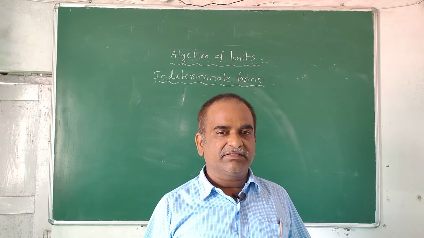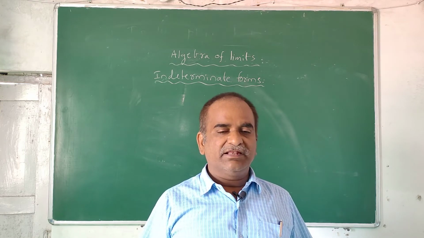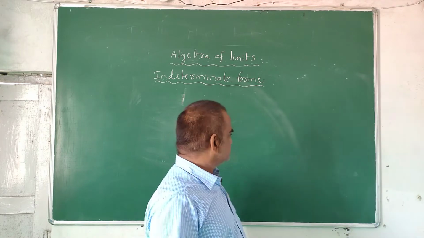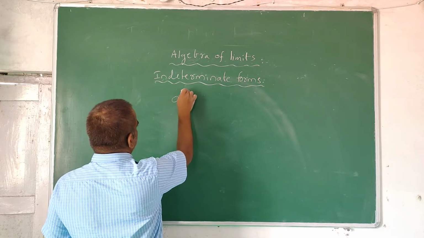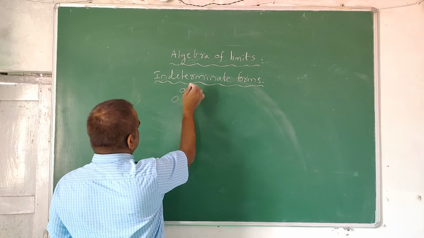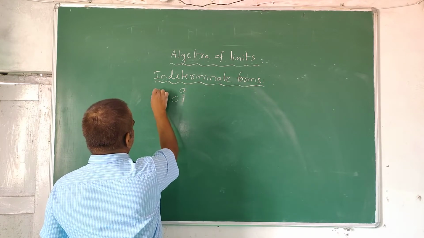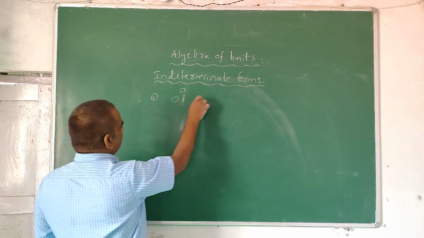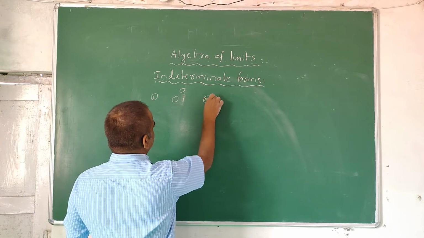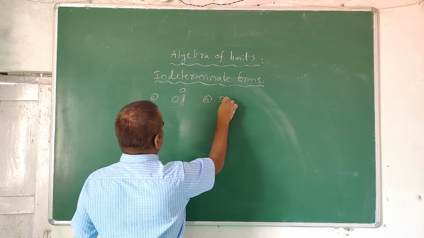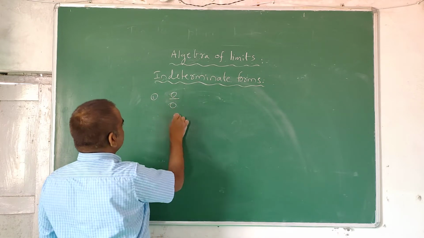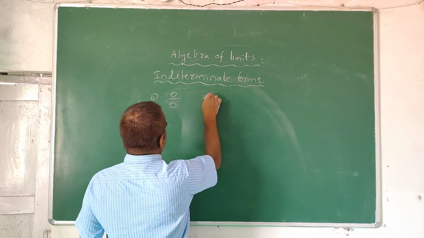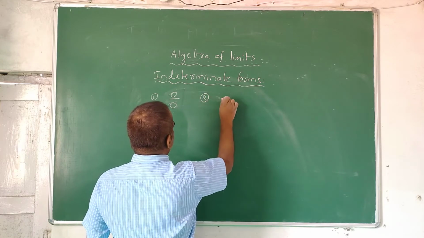I'll list them here, you please check. Number 1, 0 by 0. Number 2, 0 power 0.